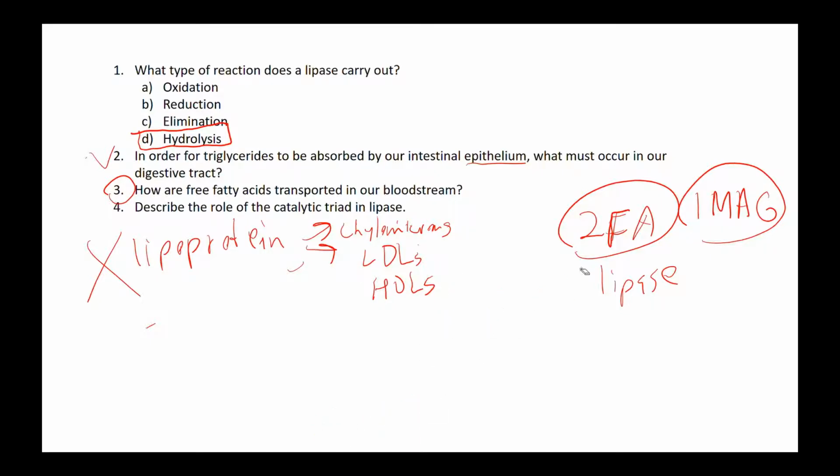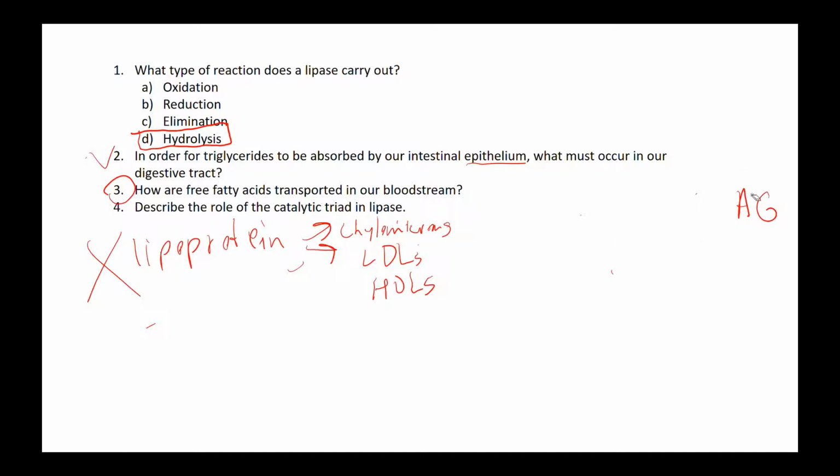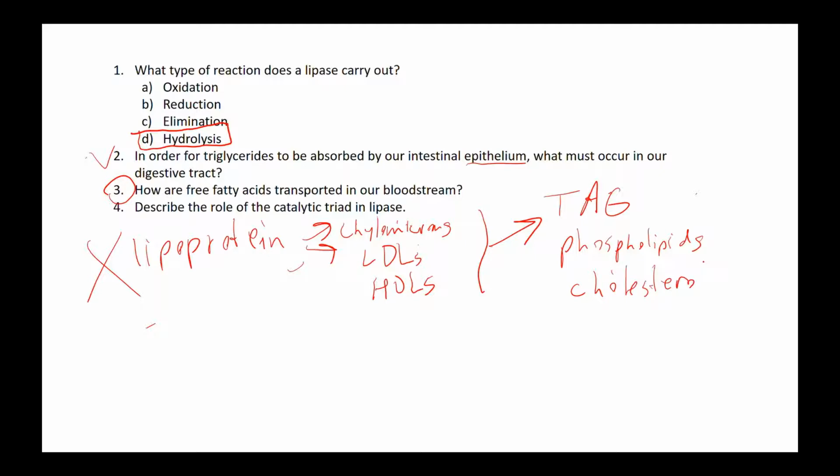Those particles, lipoproteins, are used to transport triacylglycerols or triglycerides, phospholipids, and cholesterol. So this question is asking about free fatty acids.